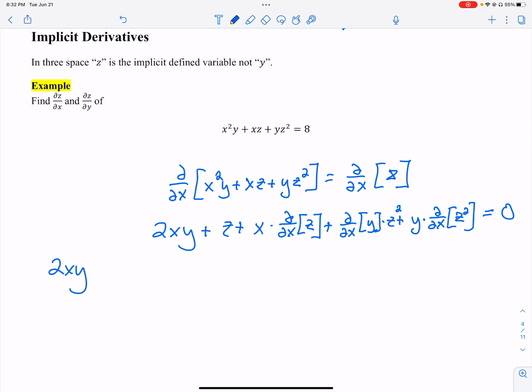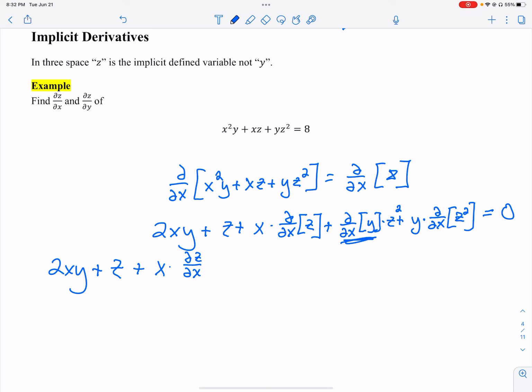2xy. Okay, I get a plus z. And then times x. And then I don't know what that is, so it literally becomes just like partial implicit differentiation back in the past. This becomes the partial with respect to z of the partial with respect to x. Sorry, the partial of z with respect to x.